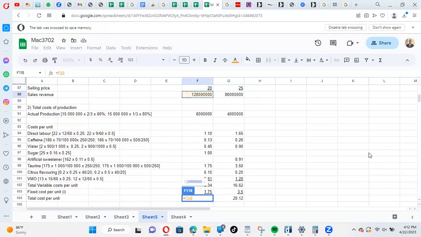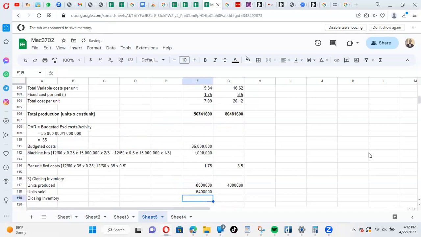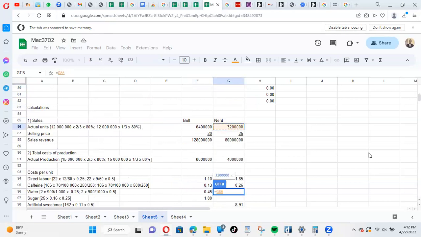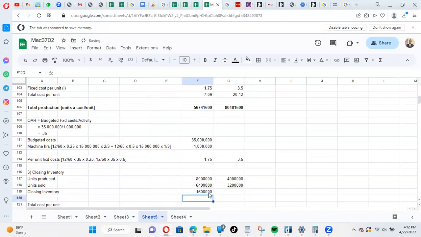Okay, sales revenue, actual units sold, right there. And then you can fetch that again there. Oh, okay, sorry, I've gone a bit far. All right, so obviously what we produced against what we sold is going to give us the closing inventory. So that minus that gives us the closing inventory. All right, then we have that there.